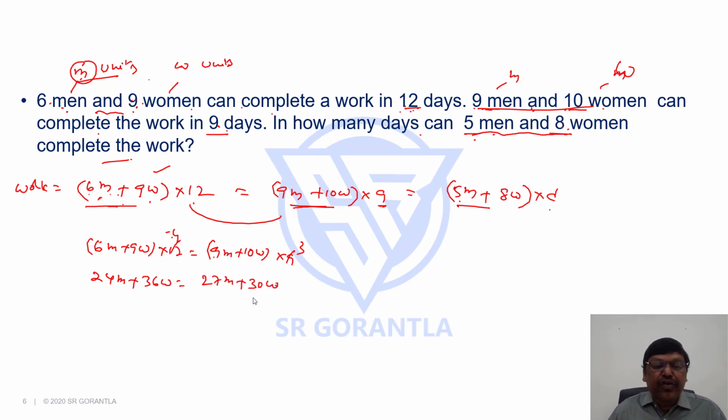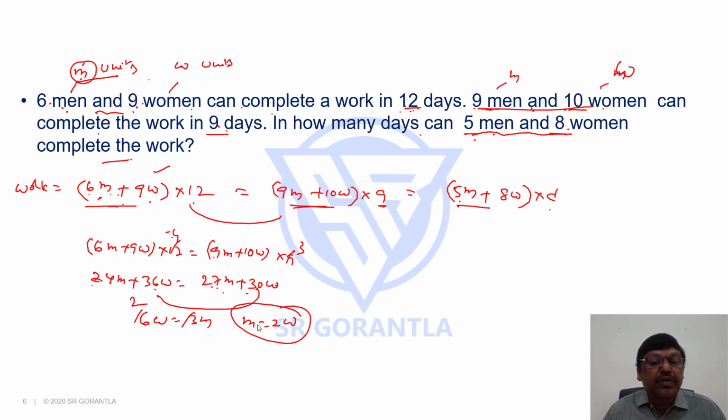If 30W comes here, 36 minus 30, 6W, and M comes here, 27 minus 24, 3M. 3 2s, we can say M equals 2 times W. That means 1 man's 1 day's work M units equals twice the work of 1 woman in a day.